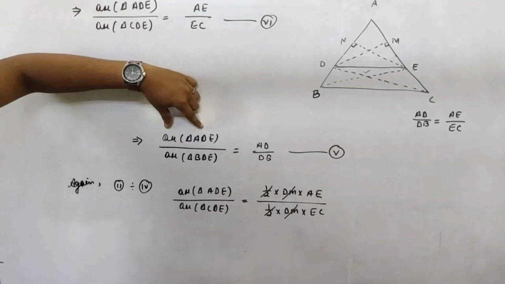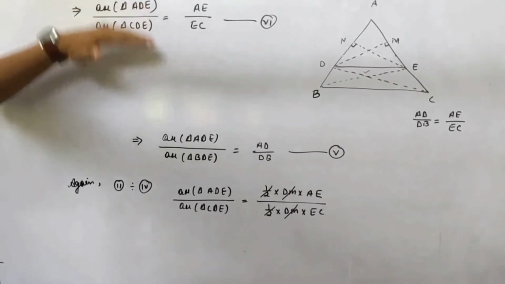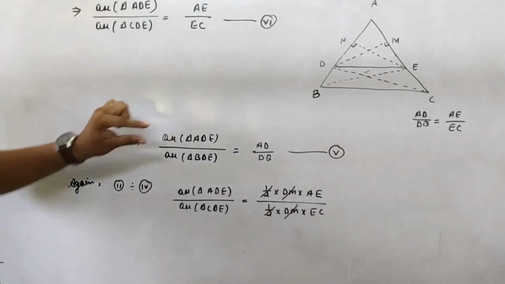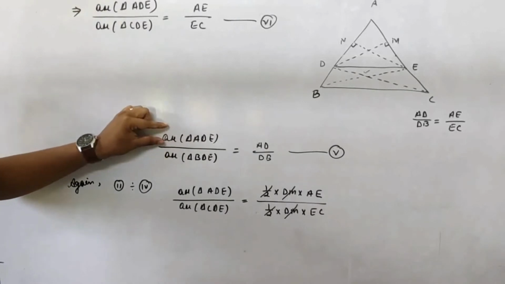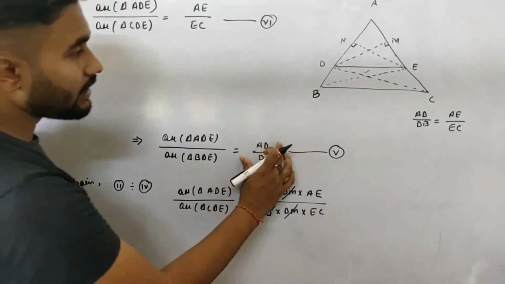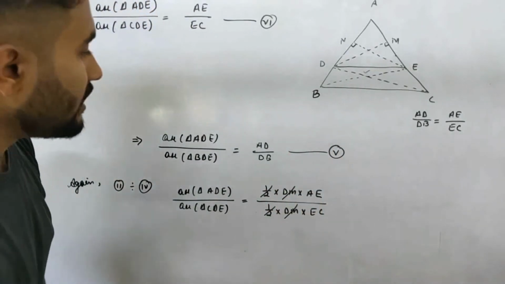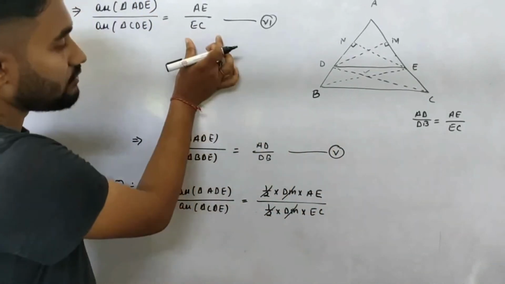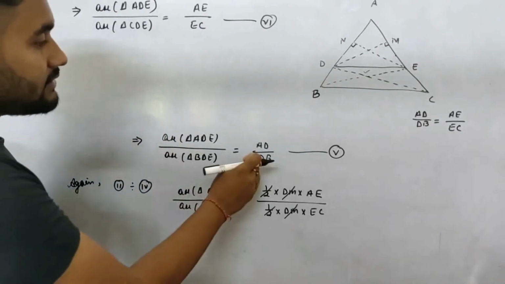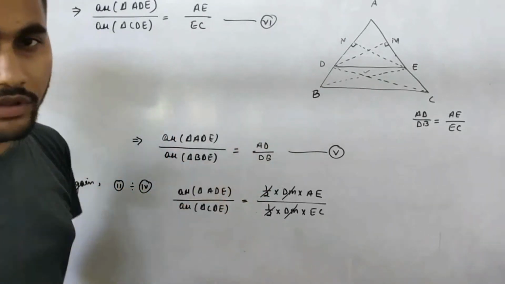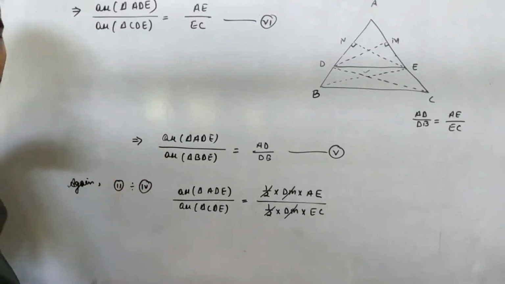This is also area of triangle ADE. That means the numerators are the same. If I have to make AD by BD equal to AE by EC, pay attention, this right part, if I have to make equal, so my left part must be equal.